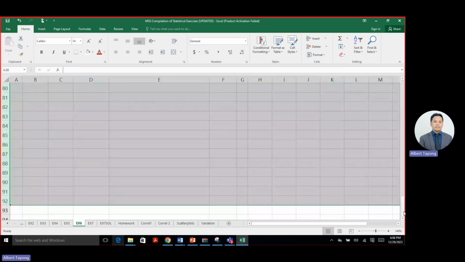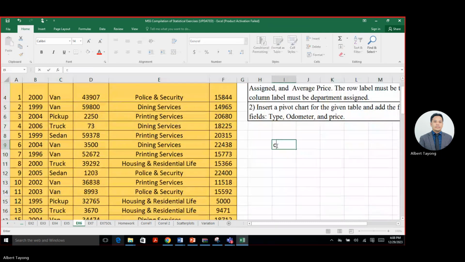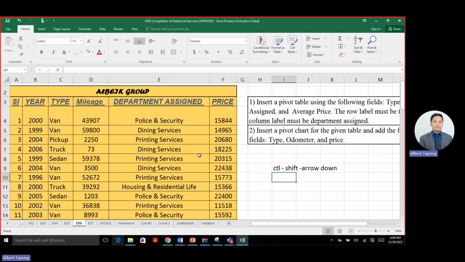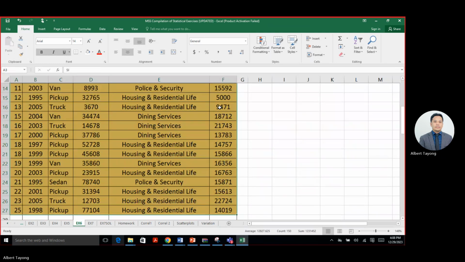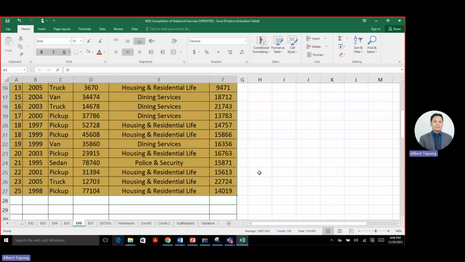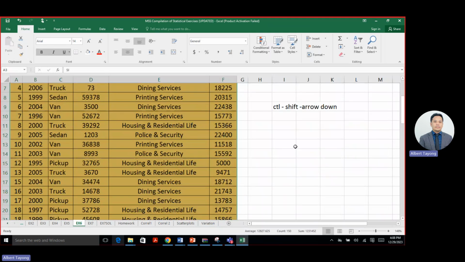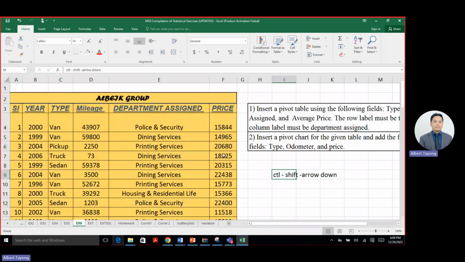So to save time, first highlight the first row, then press Control, Shift, arrow down. It will highlight until the last, 14019. So again, select the first row that contains all the titles, then Control Shift arrow down.